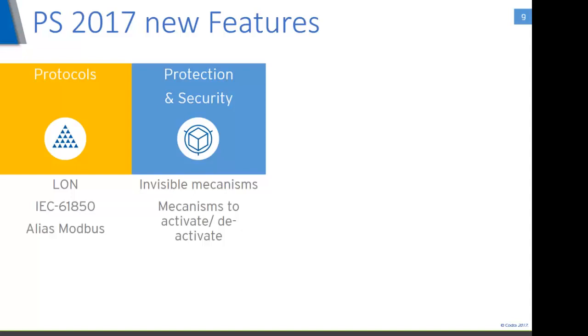The second main new feature available in Panorama Suite is big work about security and cybersecurity features, in two kinds of mechanisms: some invisible mechanisms which always deal with your security, and some mechanisms which have to be activated or deactivated, such as a digital signature-like mechanism to protect your application files.